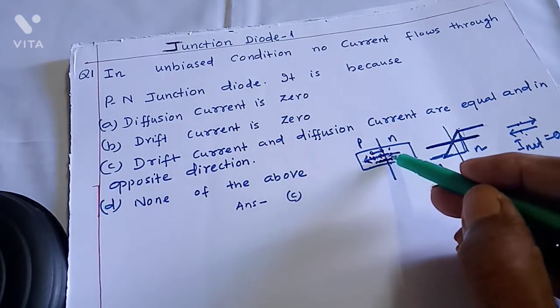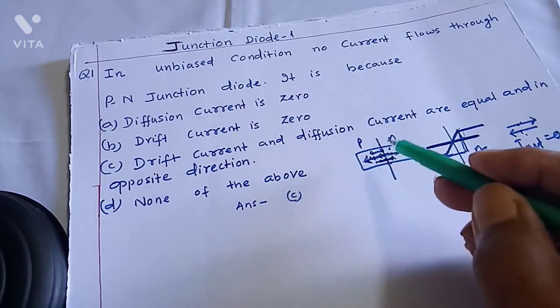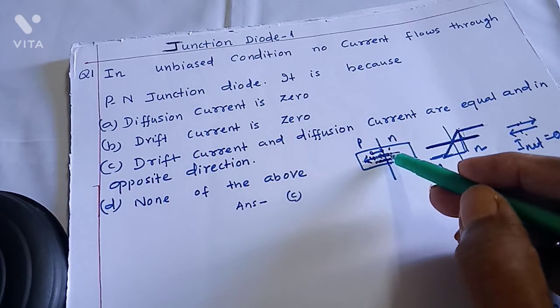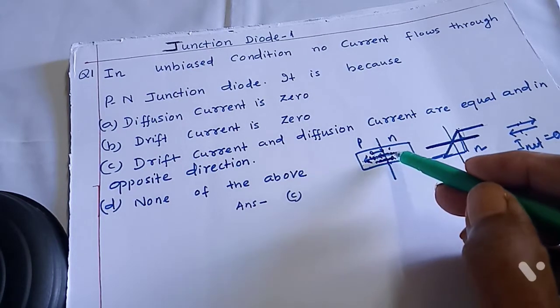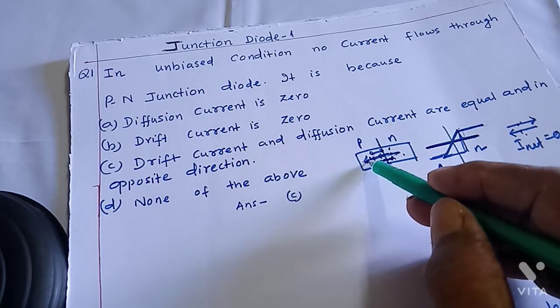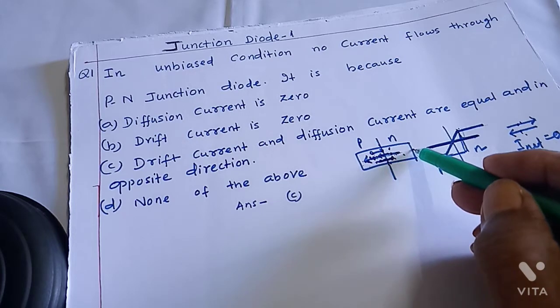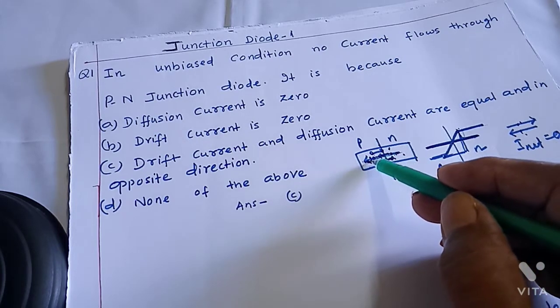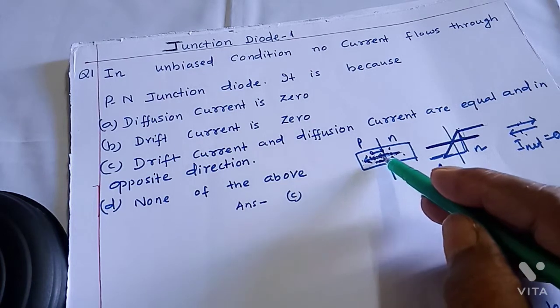This electric field will oppose further diffusion because it will apply a force on the holes along the direction of the field, and electrons will move away from the junction, holes will move away from the junction in P region. So the diffusion process stops.